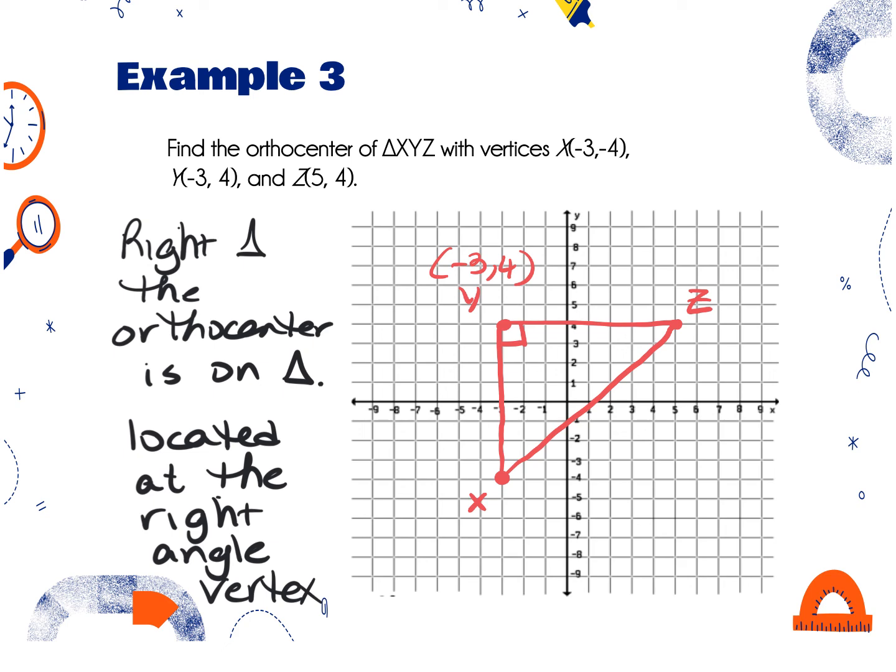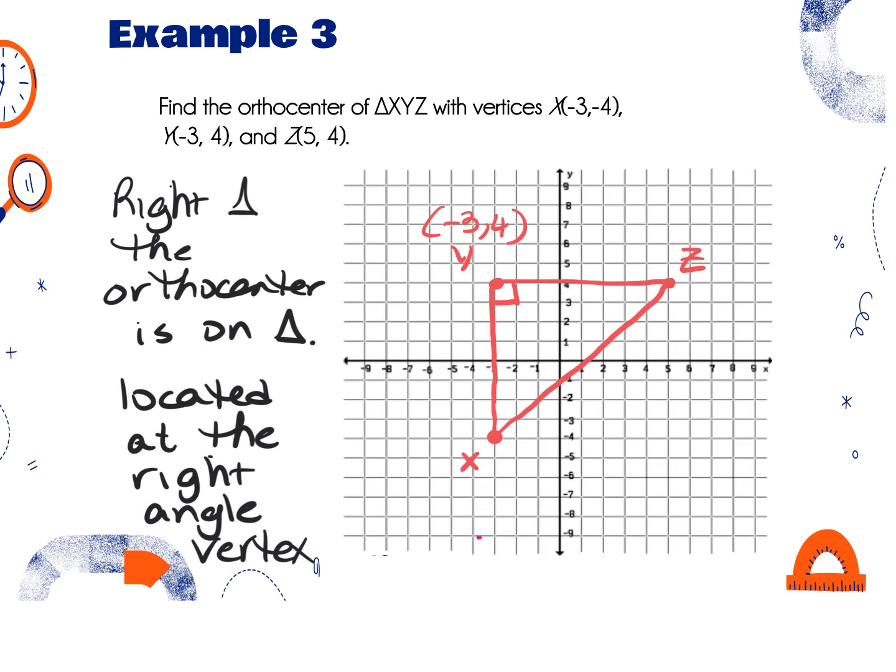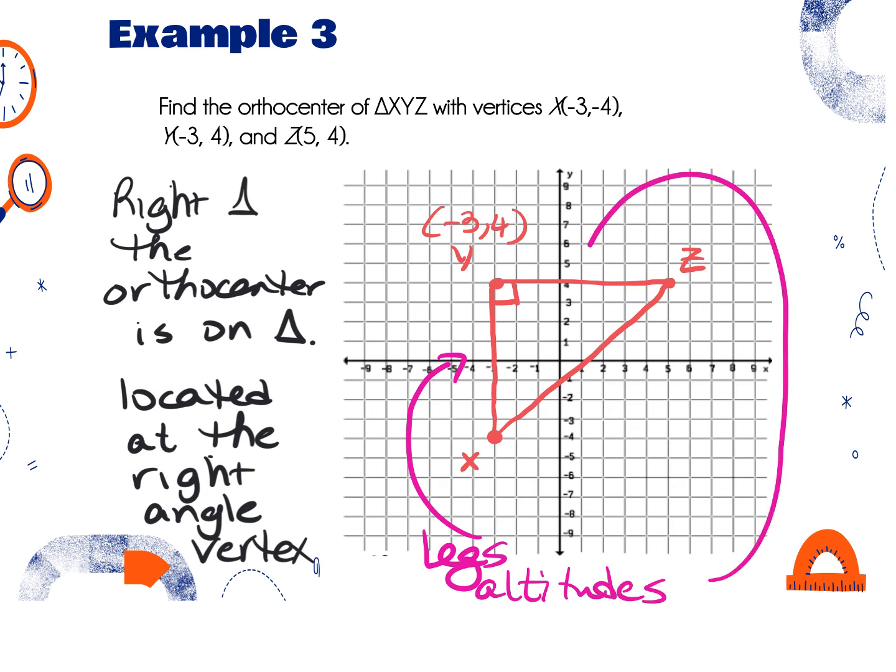Because when it's a right triangle, this leg is going to be an altitude. So the legs are the altitudes of the triangle. So this is also an altitude, because remember, it's going to be the segment that goes out of the vertex, and then it's the perpendicular segment.